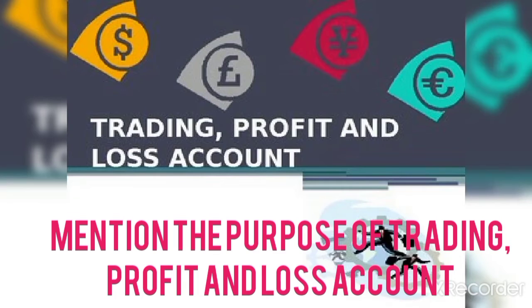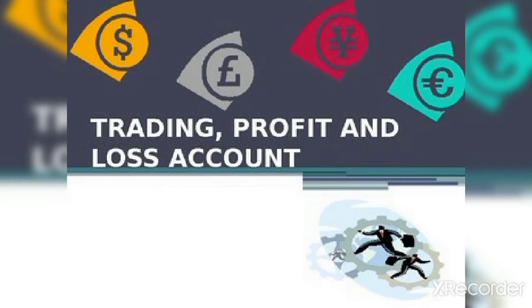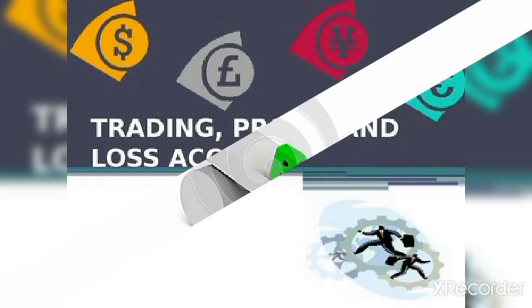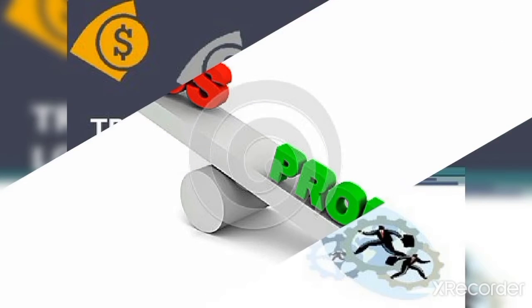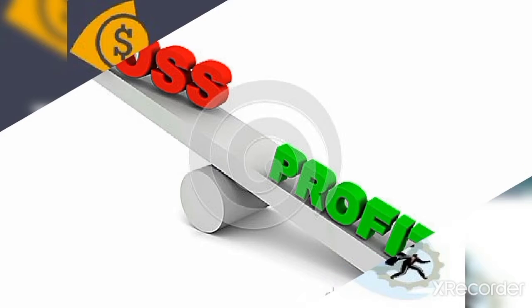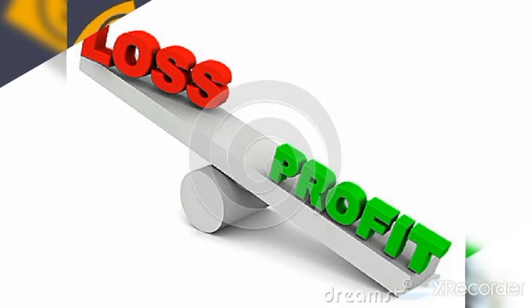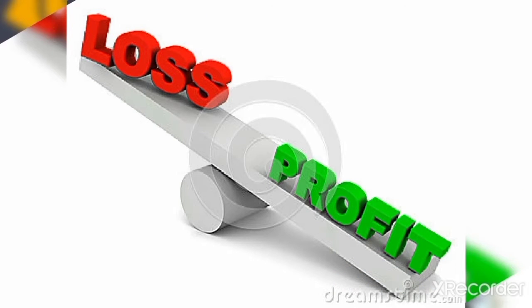And the purpose of trading profit and loss account is to first of all show whether a business has made a profit or loss over a financial year and determine how the profit and loss arose. Trading account is prepared to determine the business profit or loss.